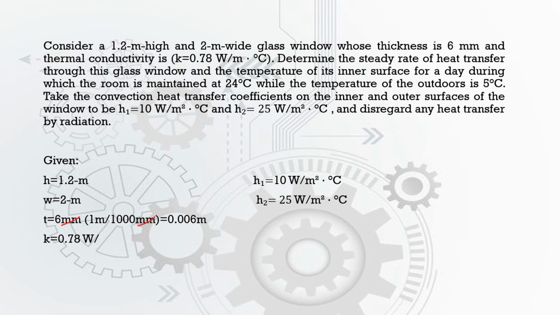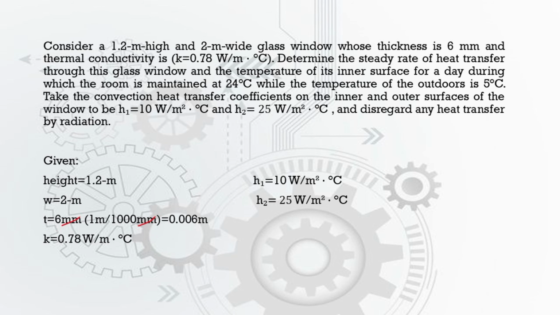The thermal conductivity is equals to 0.78 watts per meter degrees Celsius, and the heat transfer coefficients are 10 watts per square meter degrees Celsius and 25 watts per square meter degrees Celsius. The thermal conductivity of the glass is given to be 0.78 watts per meter degrees Celsius.